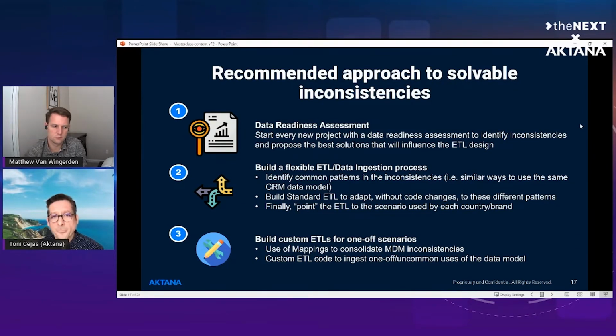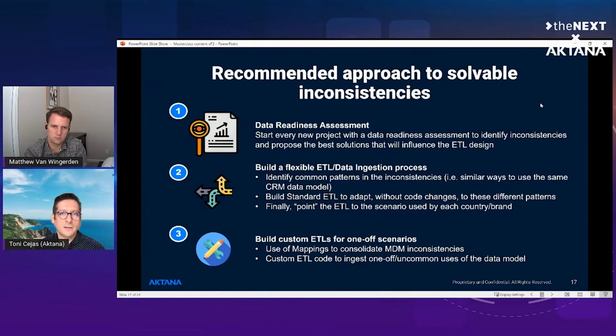So then, instead of reinventing the wheel every time you have a difference on all these data processes, what we recommend is to build a flexible ETL that includes these scenarios that are most common in your ecosystem, and then without code, point the ETL to the scenario that you have for each brand and country.